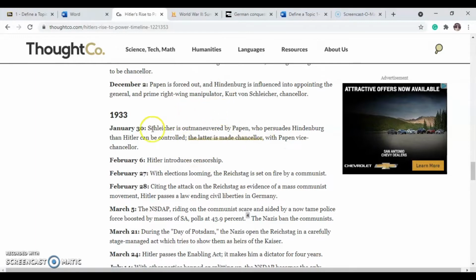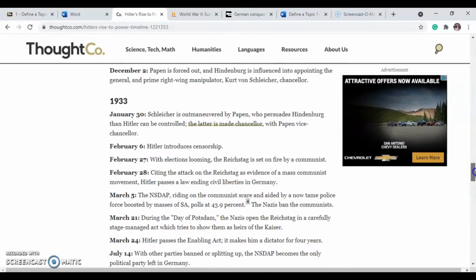And so Hitler became chancellor, with Franz von Papen as the vice chancellor. Making Hitler the chancellor would be one of their biggest mistakes they would ever do.